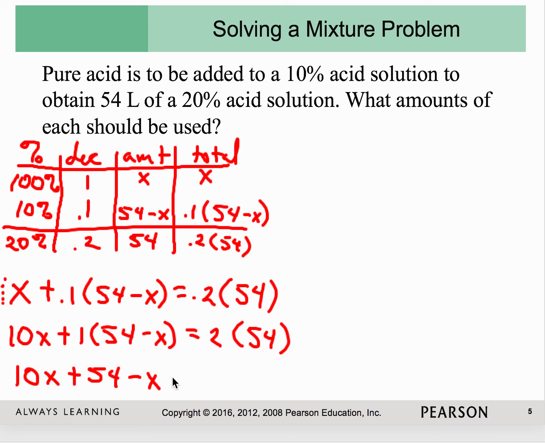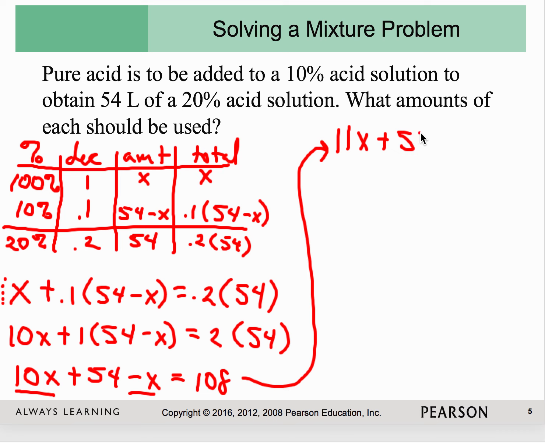$108. All right, combine like terms. And do what's being, uh-oh, I messed up.